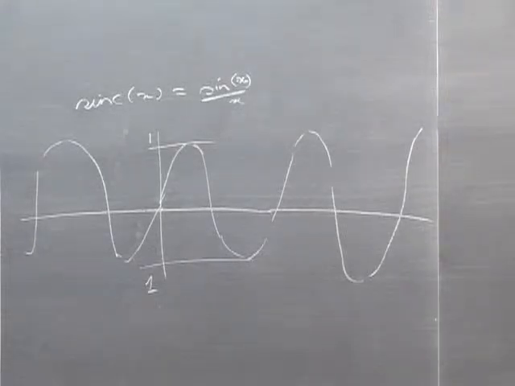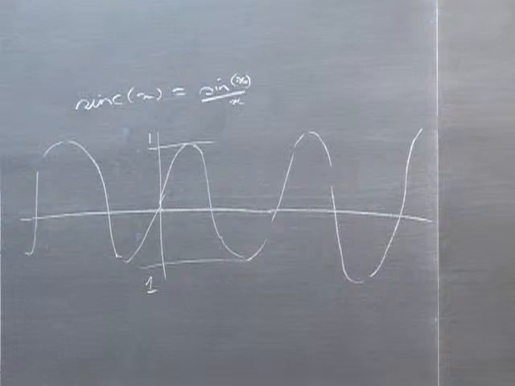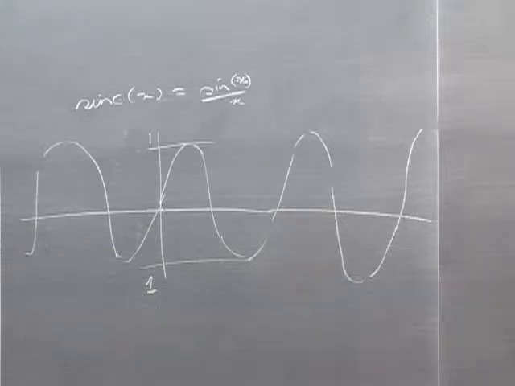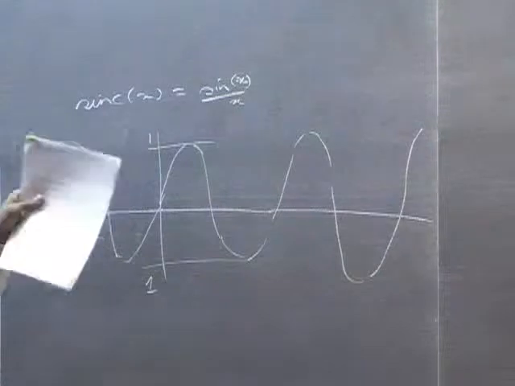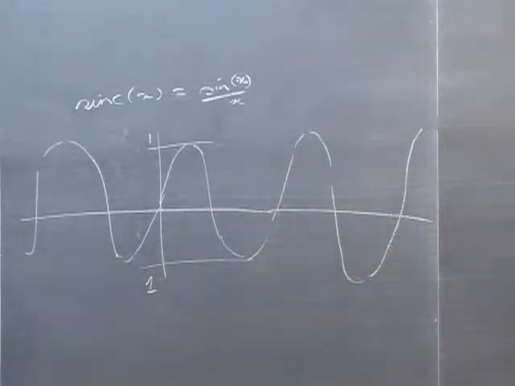Well, first of all, when x is equal to 0, you're dividing by 0, so you get a 0 over 0 form. So it's actually undefined at 0, and we'll state that sinc x has the value 1 at 0, which gets rid of that problem. Then sine x always has the same magnitude, but x keeps increasing.